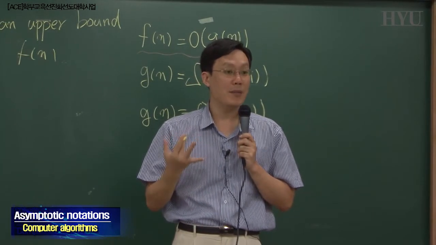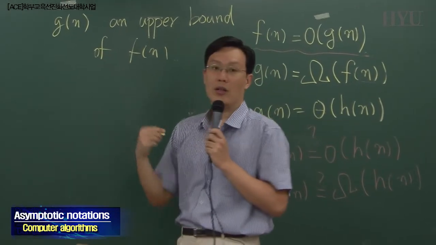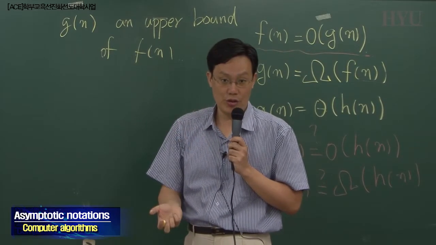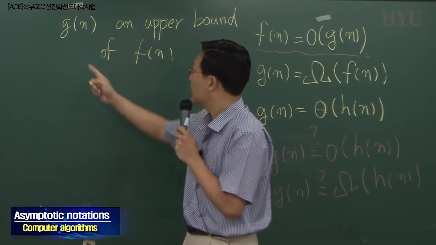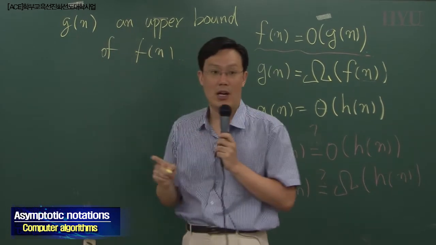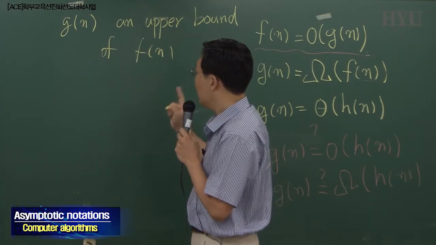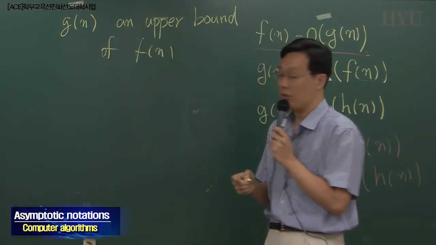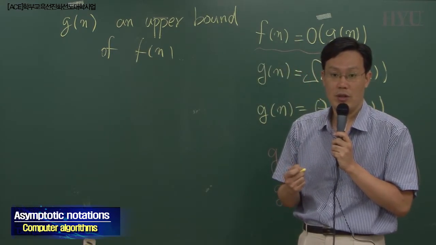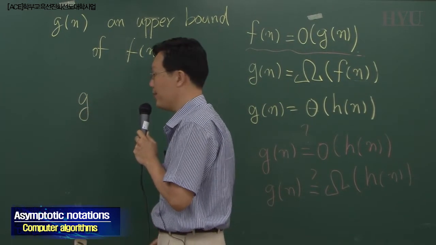Then it means, okay, let's think about that. n is a positive integer, and g and f are non-negative functions. Then if g of n is an upper bound of another function f of n, then it means this.